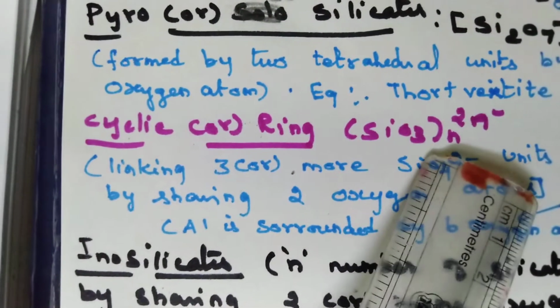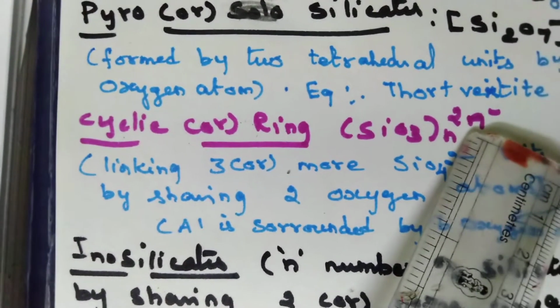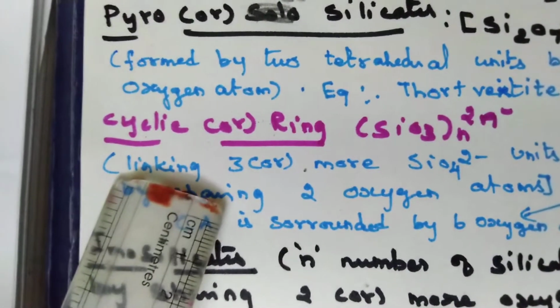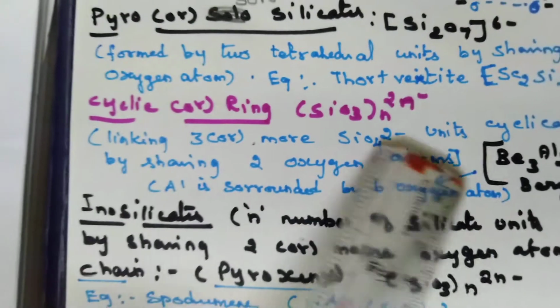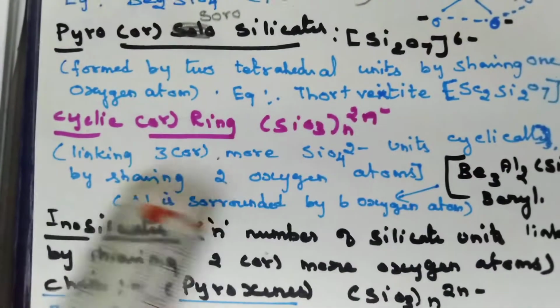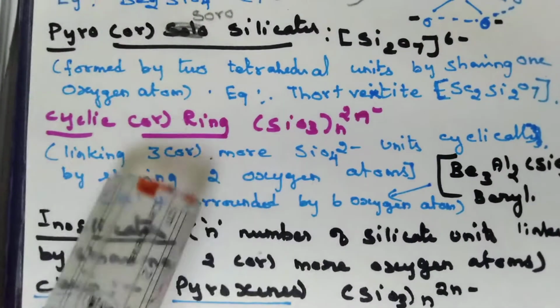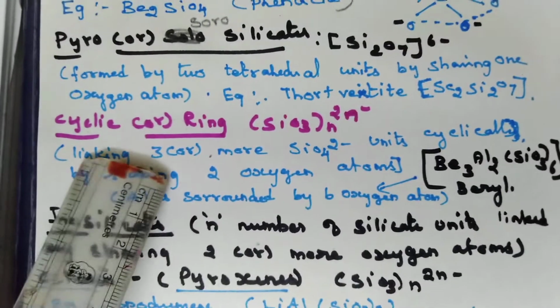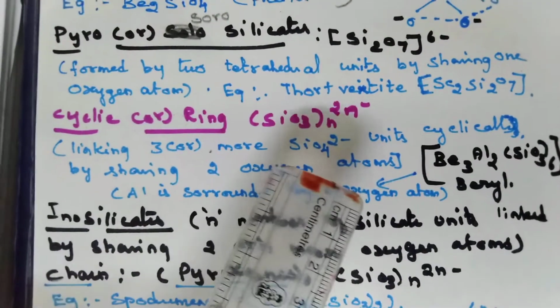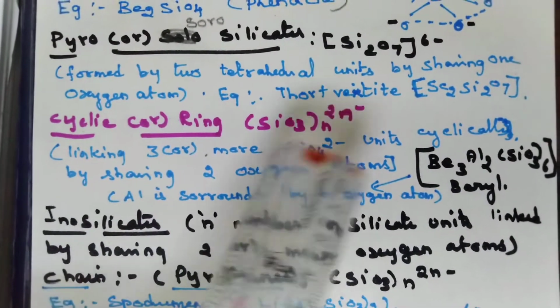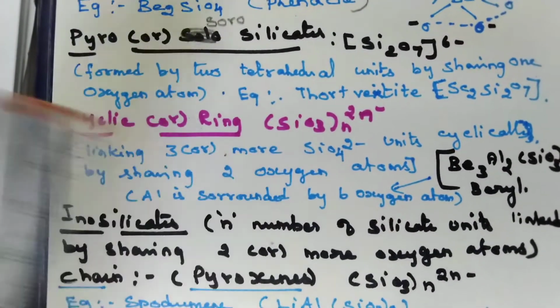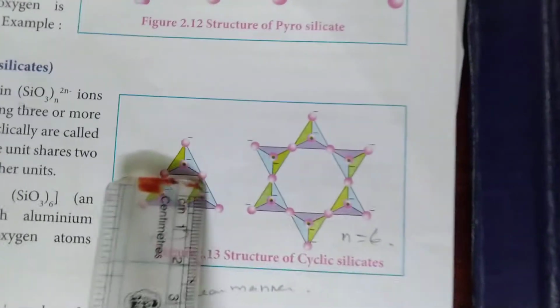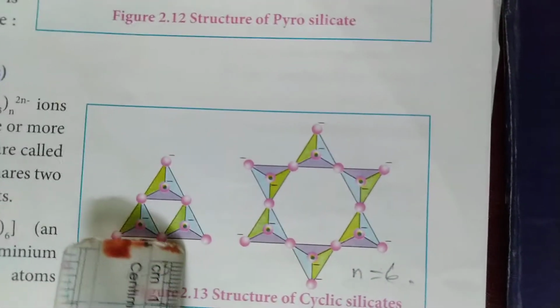These are formed by linking 3 or more silicate units cyclically by sharing 2 oxygen atoms. Look at this structure, where the cyclic silicates are given.